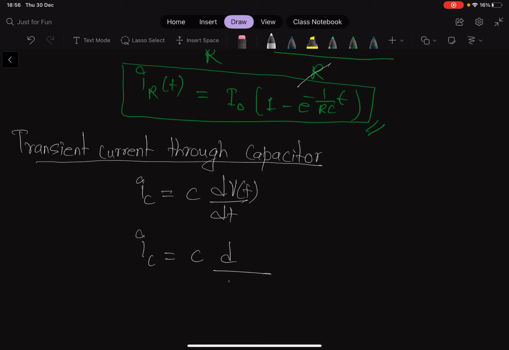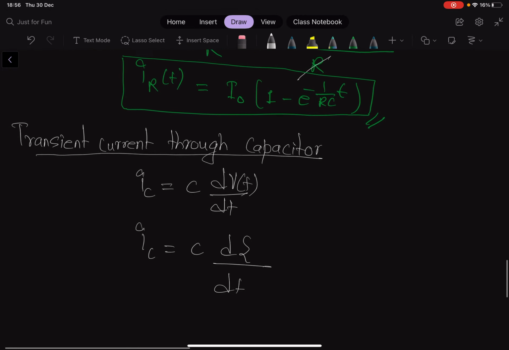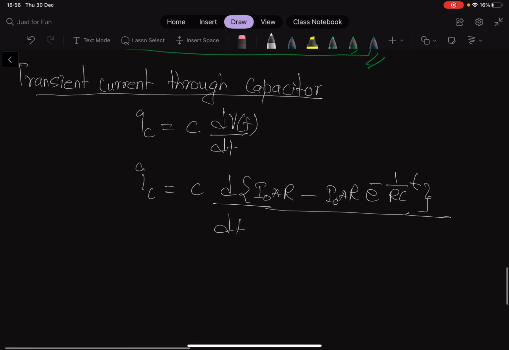What's the expression? The expression is, let's use the original expression, I naught times R minus I naught times R exponential of minus 1 over RC t. We know this is constant, and the derivative of a constant is 0. We'll get the negative value definitely.